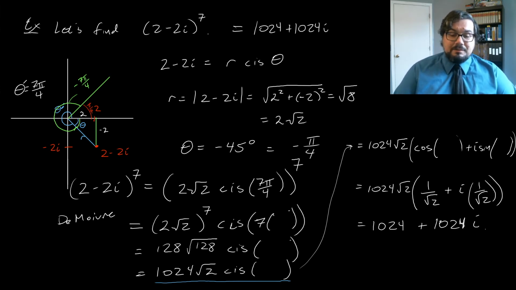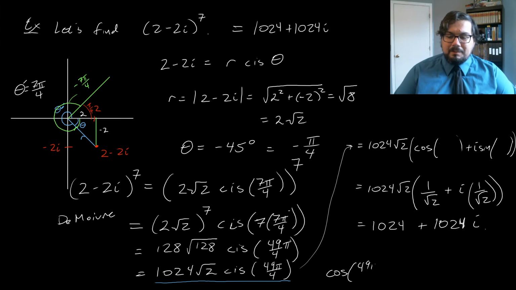De Moivre's theorem still applies, and now we've got, instead of negative 7 pi over 4, 7 times 7 pi over 4, which gives us 49 pi over 4. But what is 49 pi over 4?